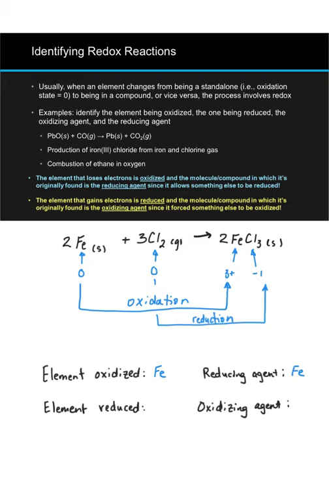The element reduced is chlorine. Chlorine goes down in oxidation number, so it must have gained electrons to become more negative. The substance in which chlorine exists on the reactant side is a molecule, just the diatomic molecule chlorine, Cl2. The reducing agent is iron. The oxidizing agent is chlorine, molecular chlorine, Cl2.